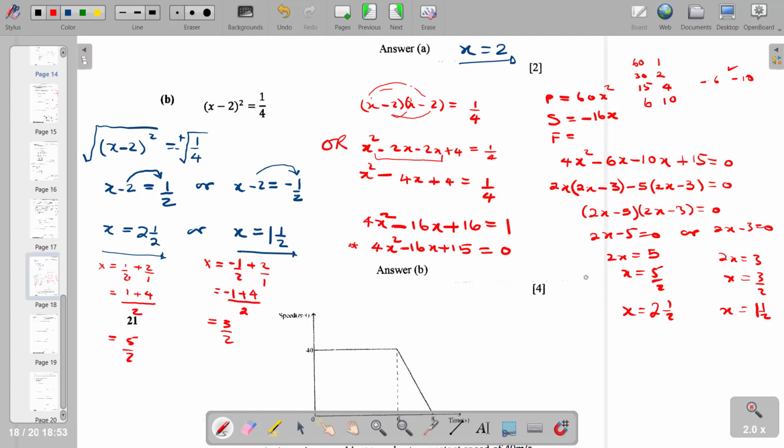You see, this was factorization, and if you check this answer, 2.5 here is the same as this 2.5 here. This answer 1.5 here is the same as 1.5 here.